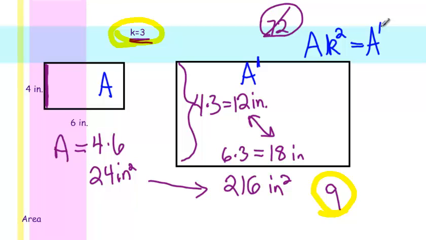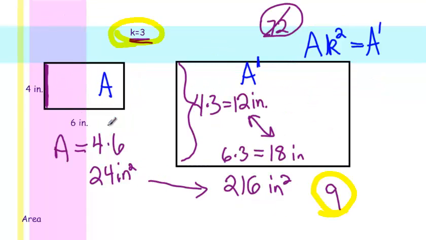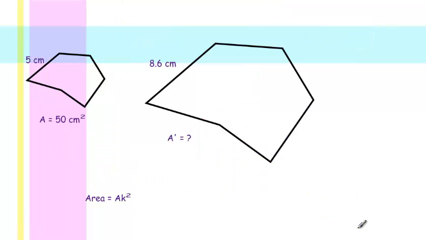So your scale factor is going to have to be squared for area. Now length, you just multiply the length by K. That's a one-dimensional kind of thing, length is. But for area, a two-dimensional kind of thing, you have to multiply by K squared.